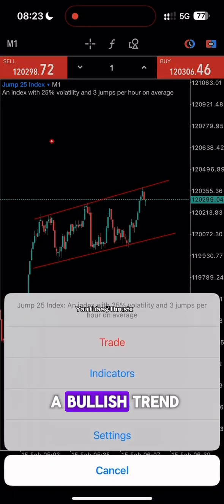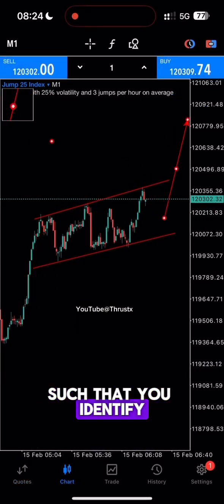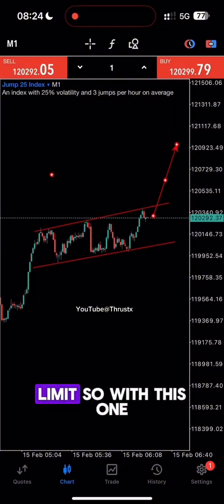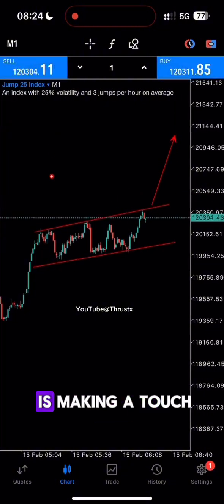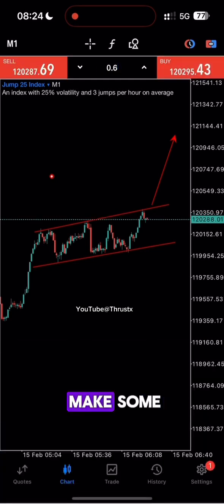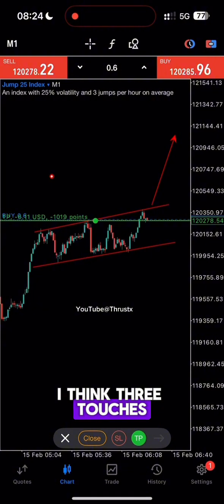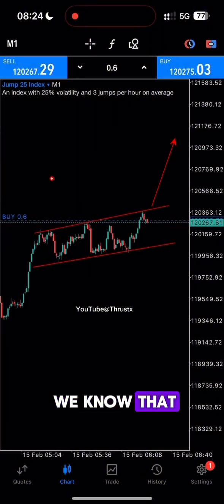It's a bullish trend, and then you set your trend lines such that you identify the upper limit and lower limit. With this one, you see that our bottom trend line makes a touch of 4 or 5, and then the top makes I think 3 touches. So this will highly validate our trade.